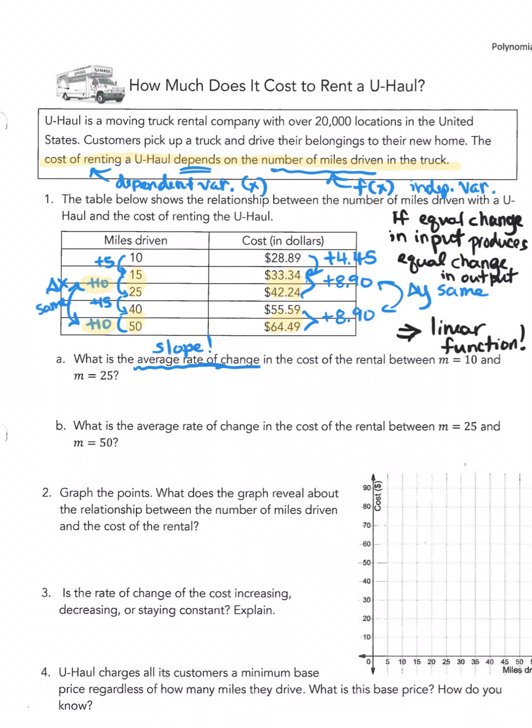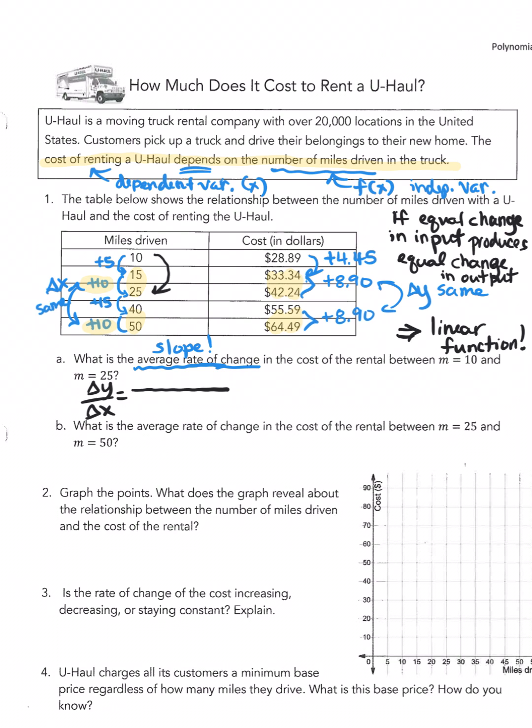So it says, what's the average rate of change in the cost of a rental between m equals 10 and m equals 25? So from 10 to 25, let's try that one. We want the average rate of change. So that's going to be our change in y over change in x.